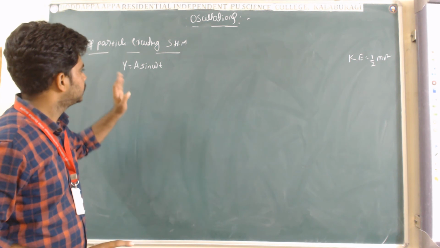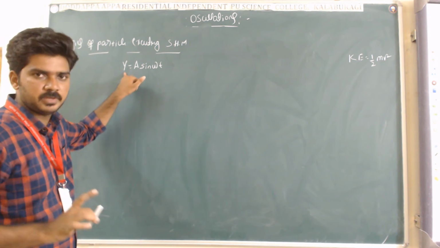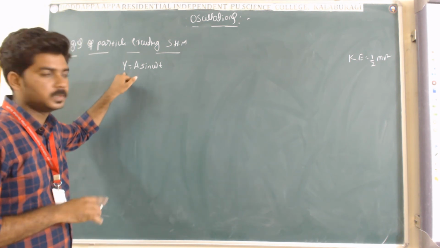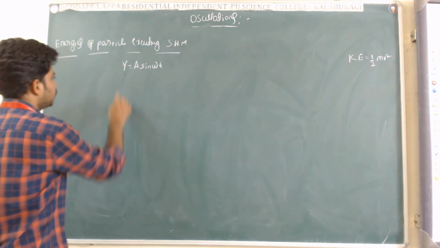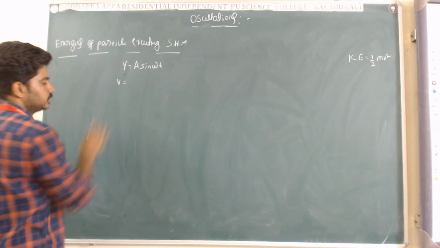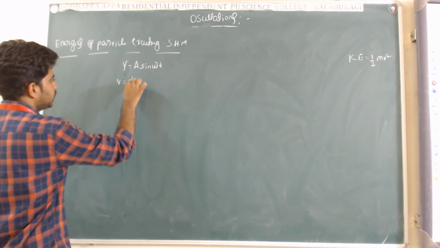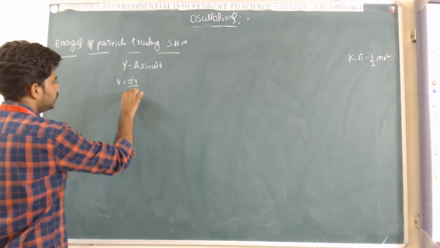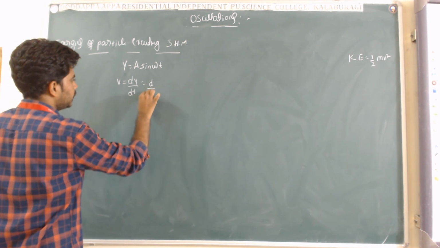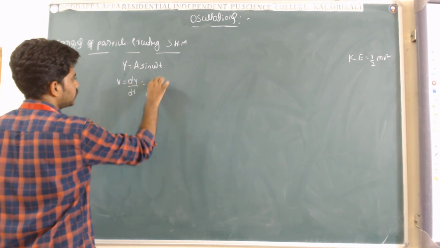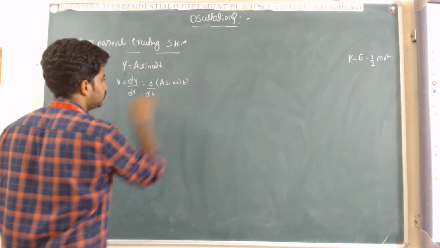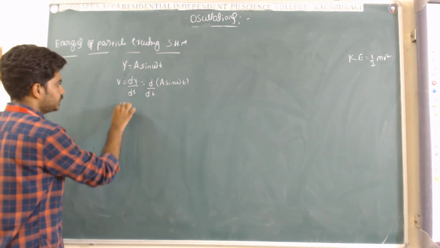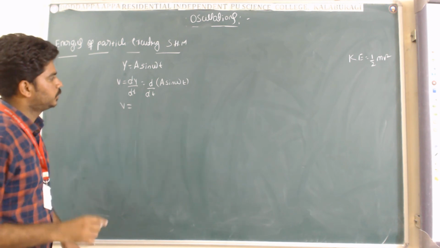Here we have displacement, but we need to get velocity. So what we will do? We know that velocity is the derivative of displacement, that is dy by dt. So d by dt of y, which is a sin omega t.